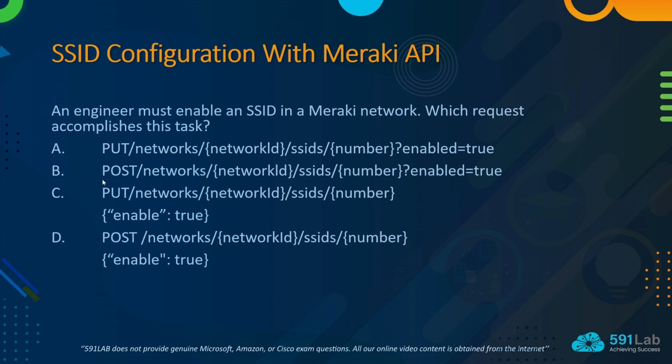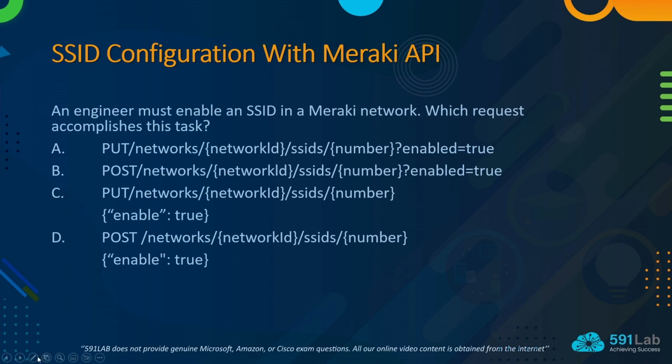The next option B is just the POST one. The other part is the same as option A. Option C uses the method PUT, and the path is networks, network ID, SSIDs, then SSID number. They use the payload enable is true. The last one, option D, the method is POST. The other part is the same as option C.